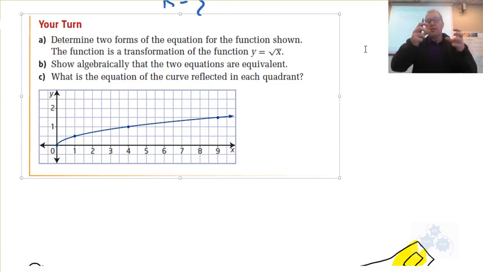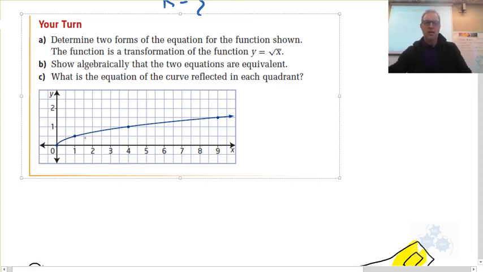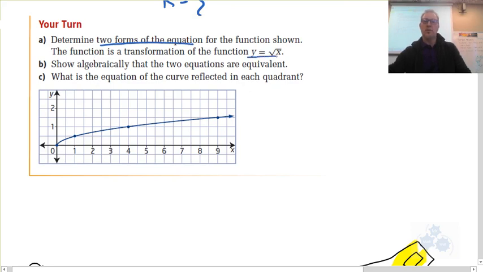Let's take a look at this. This graph right here is a stretched graph. Determine 2 forms of the equation for the function shown below. This is a function that's been transformed from this original mother function right here.